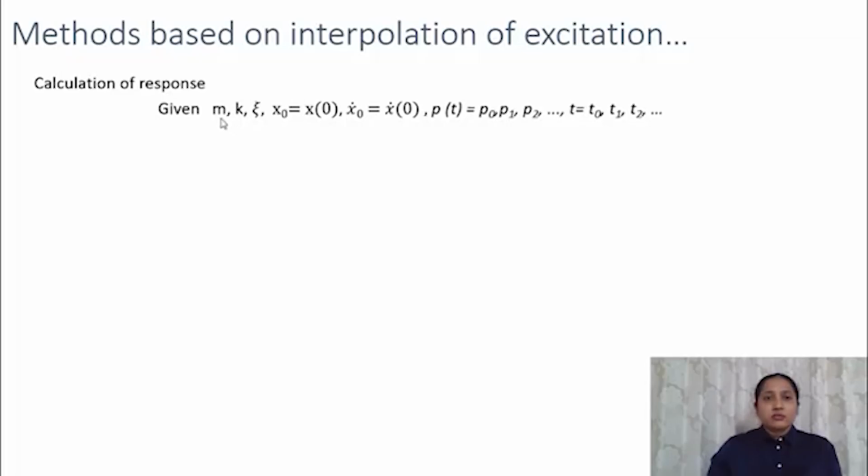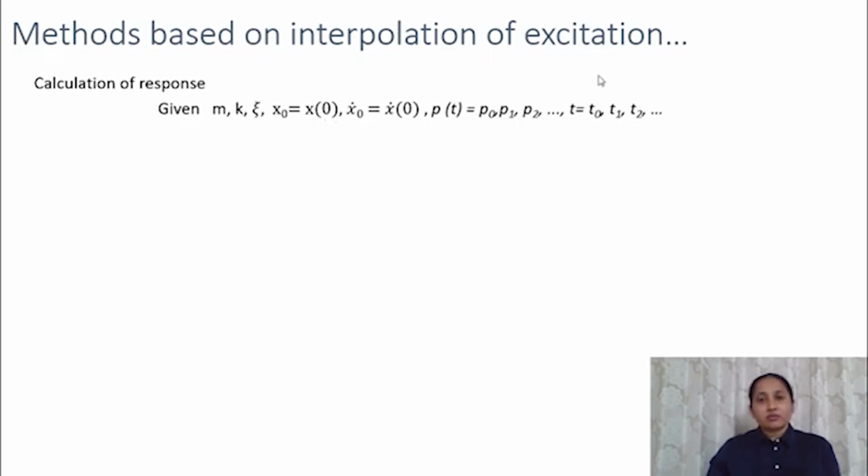So to calculate the response of a single degree of freedom system numerically, we will be knowing the mass, stiffness and damping of the system, and we will also know the initial conditions, that is the initial displacement and initial velocity, that is velocity and displacement at time equal to 0.